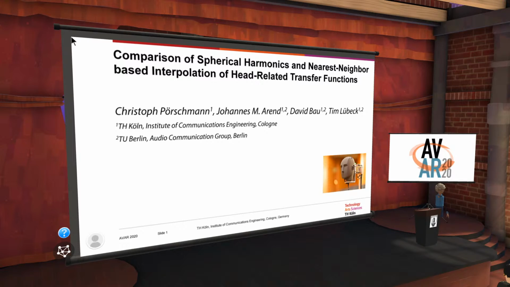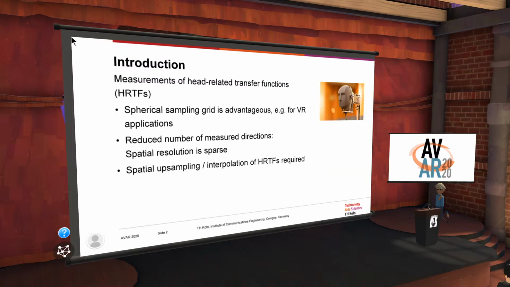Okay, so it's about interpolation of HRTF, and as I already said, it's not really a new topic. You will see in a minute that many of the studies I relate to are from the 90s and the beginning of the 2000s. I do not have to describe that measurement of HRTFs is important if you're talking about headphone-based VAEs.